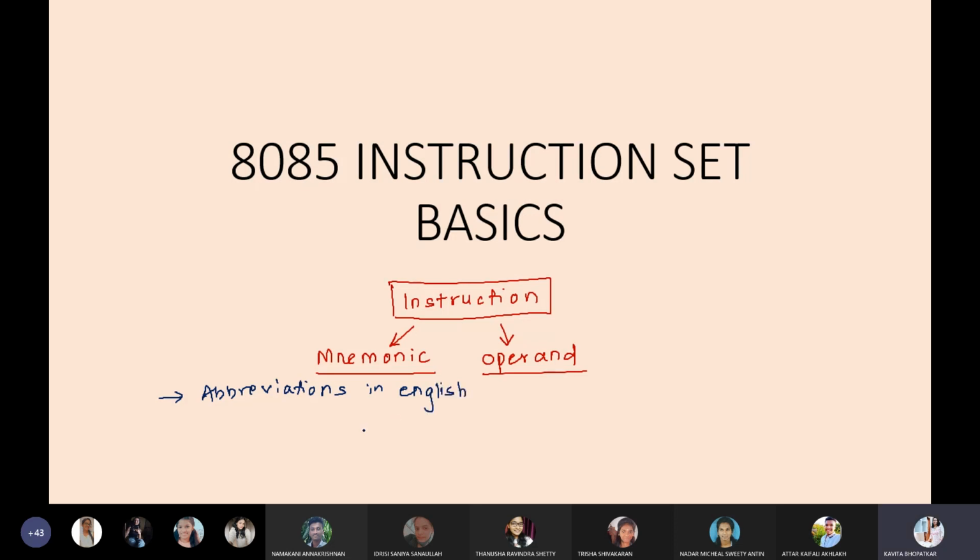So they are the meaning of the operation performed, in short. Whereas the operand is the place or register or location where the operation gets performed.